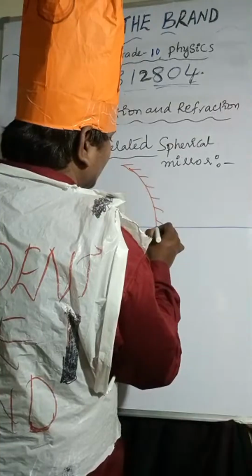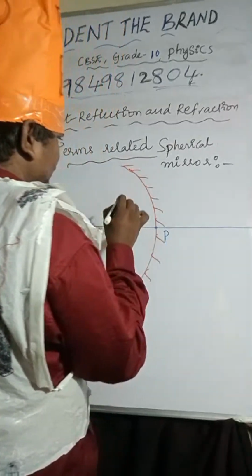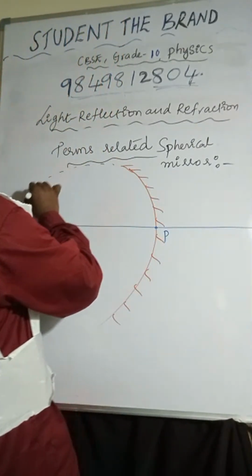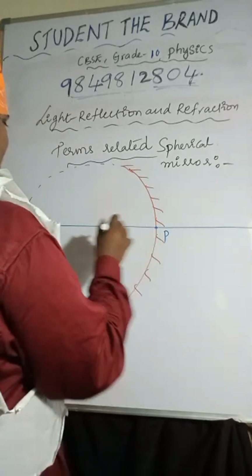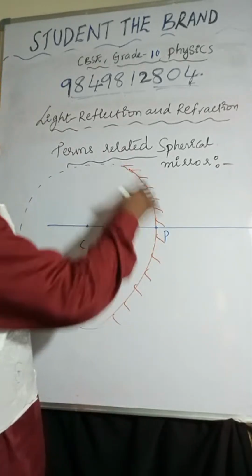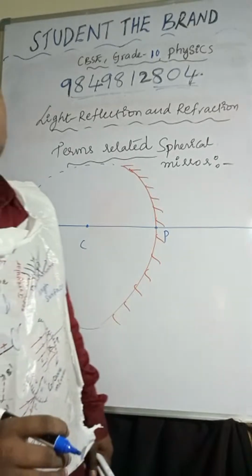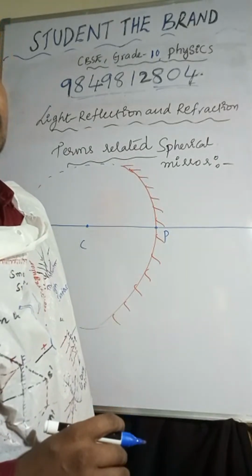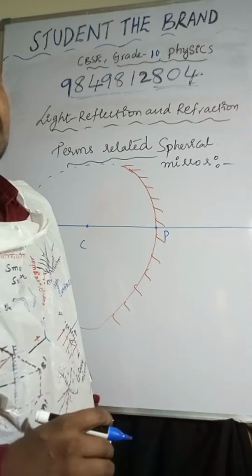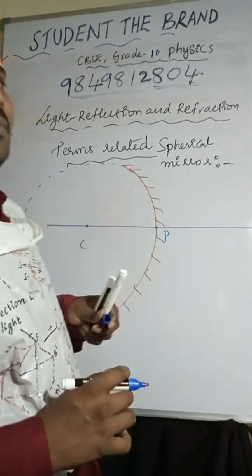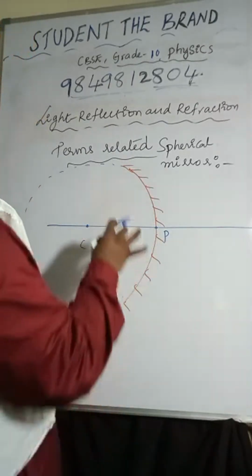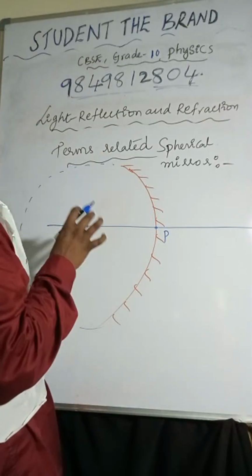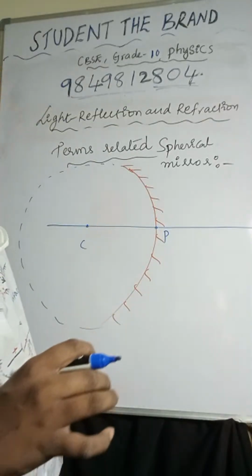First, pole. The midpoint of the mirror is called pole. The center of the imaginary sphere of which the mirror is a part is called center of curvature.